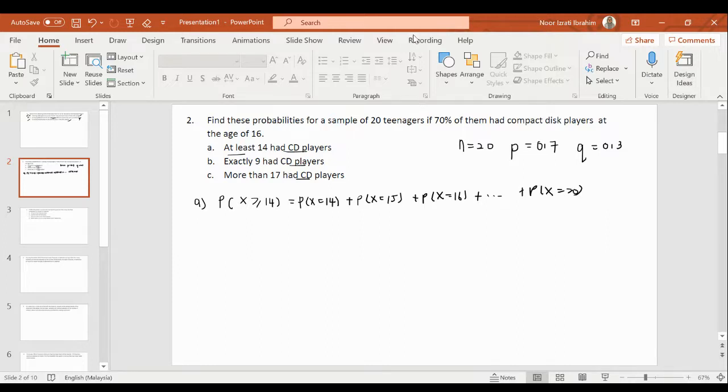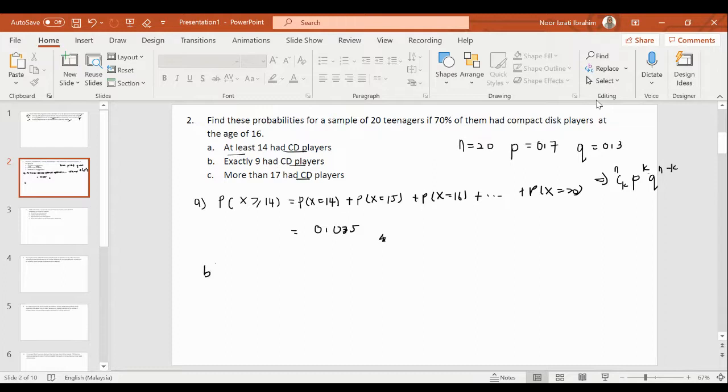One by one, you have to use the binomial distribution function, which is nCk p to the power of k times q to the power of n minus k, to find the probability. And the final answer you should get is 0.035.